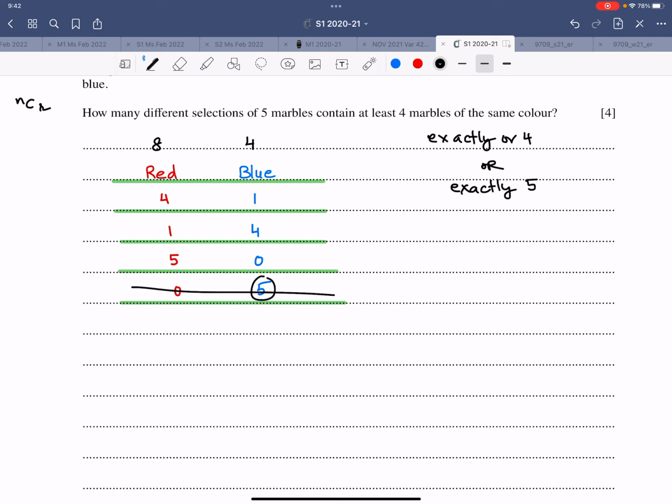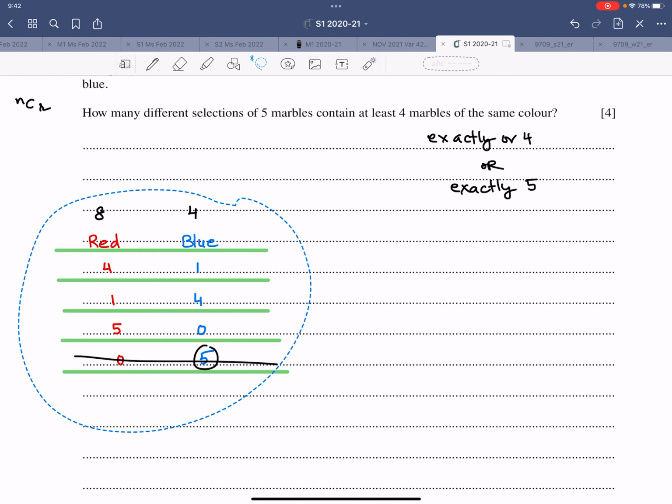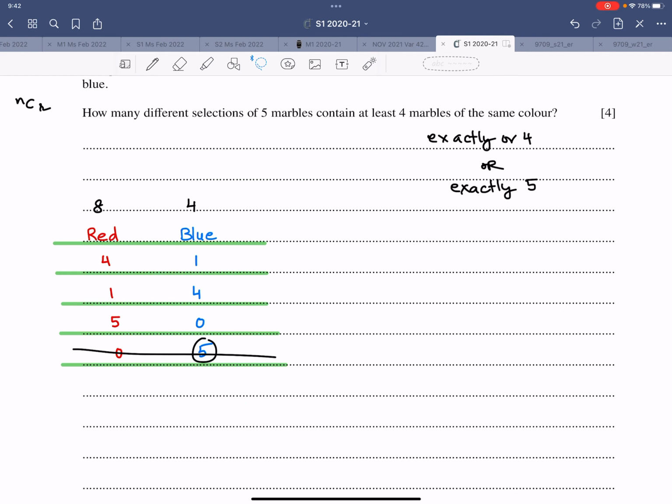So the answer for the first part, let me just take it down. The answer for the first part is 8C4 multiplied with 4C1. And then the answer for the second part is 8C1 into 4C4. This was simple.